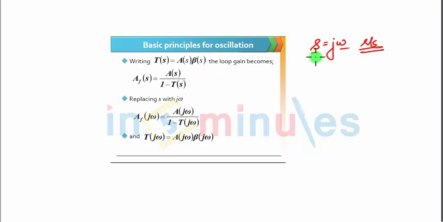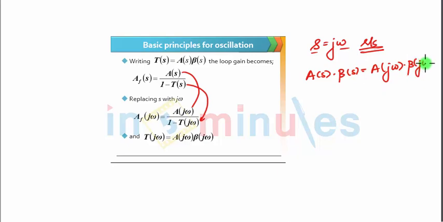So when you are substituting S as j omega, these terms, A of S and beta of S, can be written as A of j omega and beta of j omega. Now omega can be written as 2 pi f.